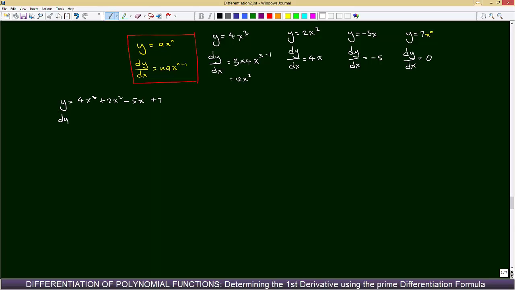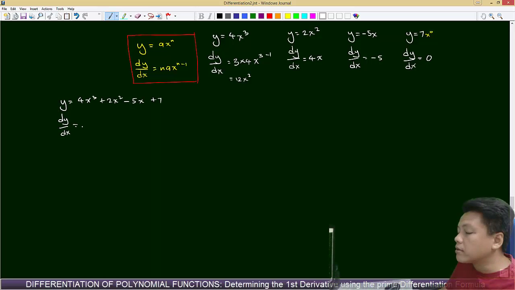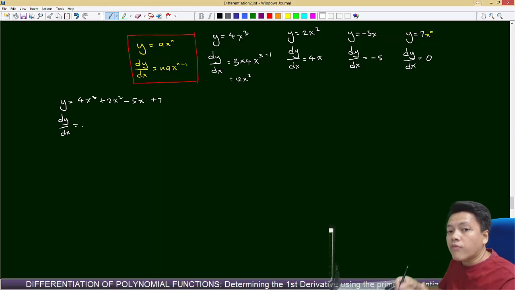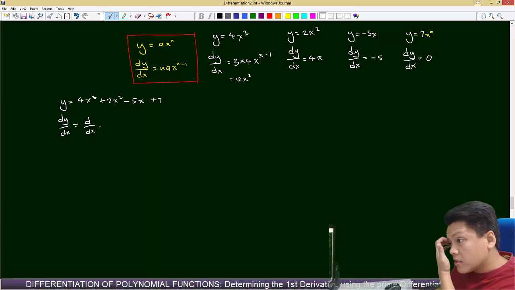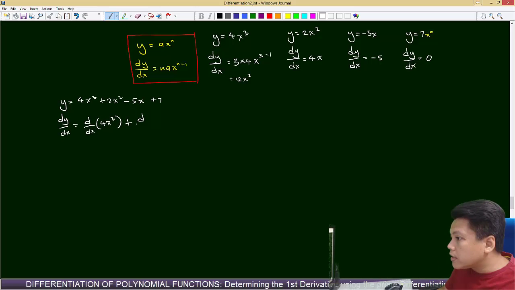So what is dy/dx? Then dy/dx is exactly the differentiation of each single term inside that equation. So that is equal to d/dx of 4x cubed plus d/dx of 2x squared plus d/dx of minus 5x plus d/dx of 7.